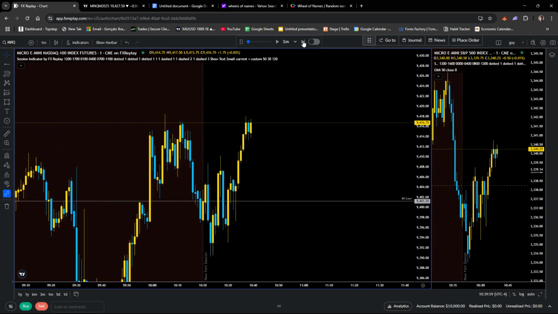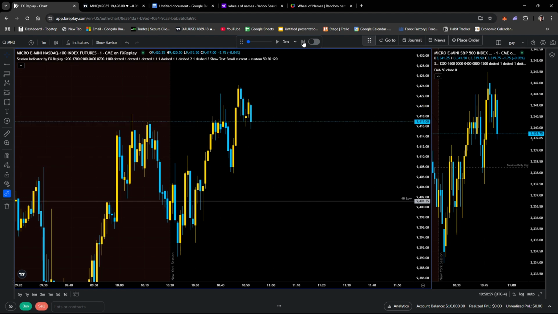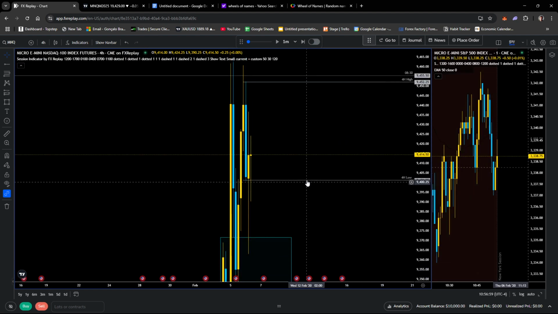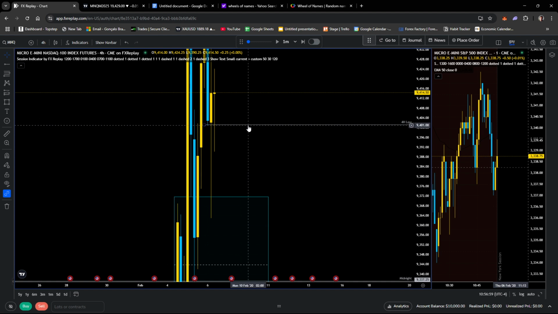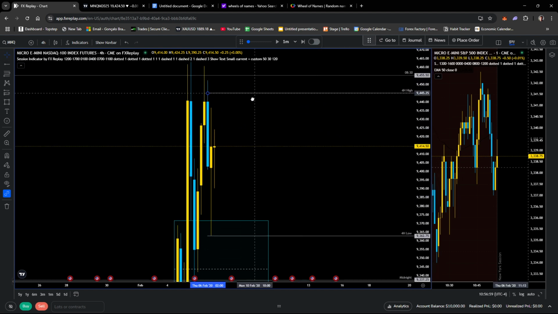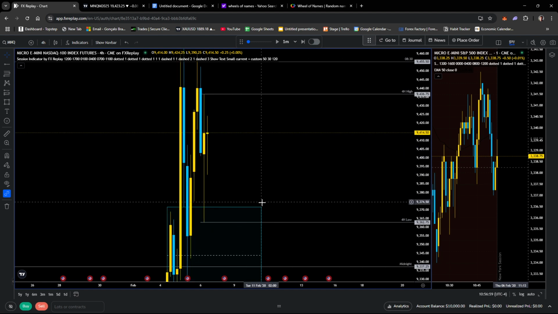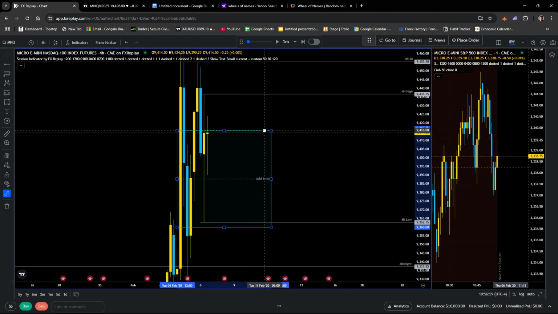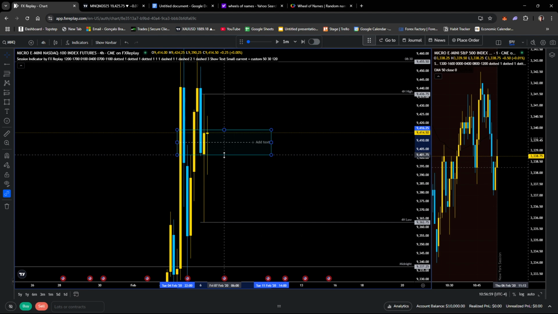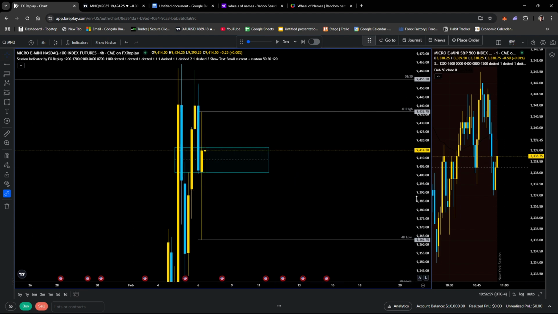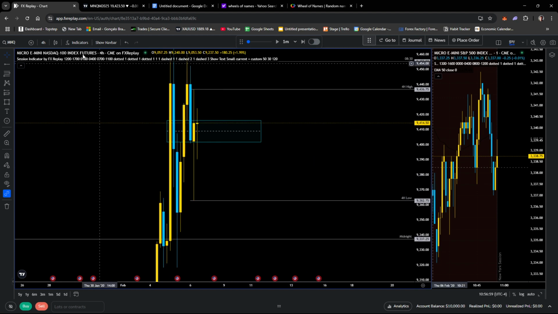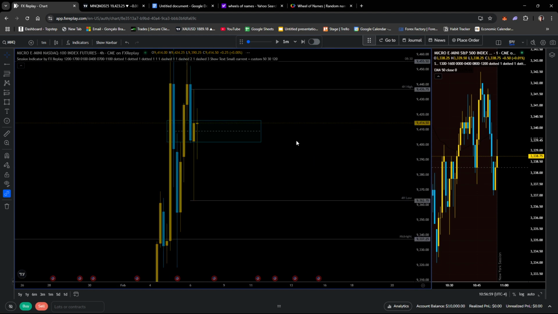Consolidating. Let's go back to the 4-hour. Low is intact. Okay, let's try and find the 8:30 and midnight opening price.